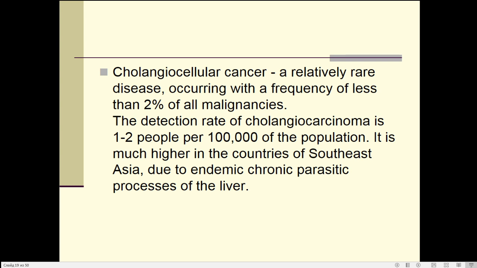The detection rate of cholangiocarcinoma is 1 to 2 people per 100,000 population. It is much higher in the countries of Southeast Asia due to endemic chronic parasitic processes of the liver.